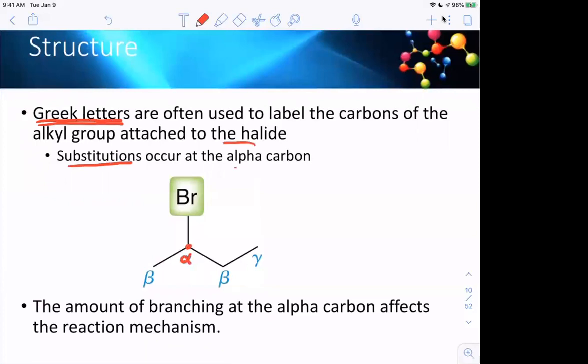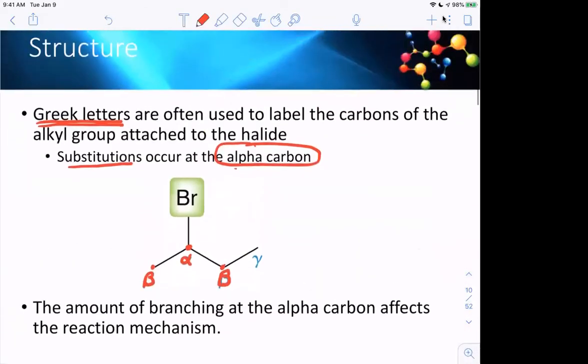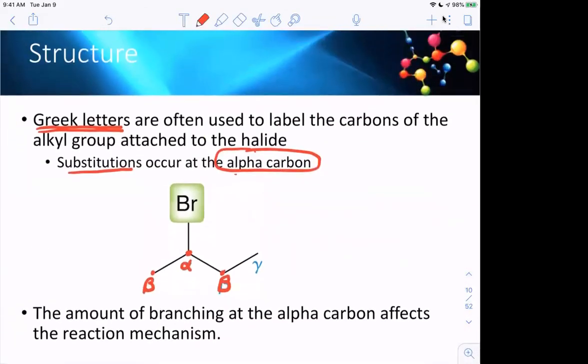Substitutions will occur at the alpha carbon. So it's the bromine that's going to be substituted with other groups. Now, the next carbon encountered is going to be the beta carbon. So that's sort of 1, 2, right? The beta carbon is the second carbon away from the attachment.